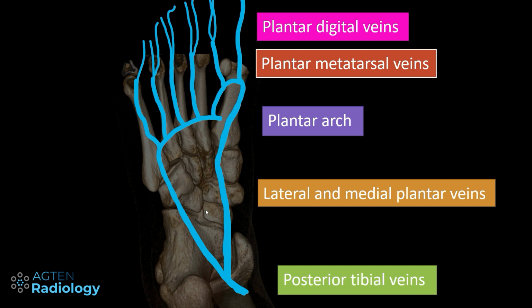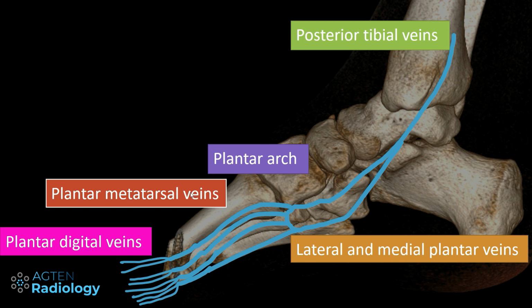Now, this is a view from below to the plantar aspect of the foot, but let's have a look at a side view, or a lateral view, like here. Again, we have the toes with the plantar digital veins draining into the plantar metatarsal veins, then draining into the plantar arch, which is about at the level of the Lisfranc joints, and then the plantar arch drains into the lateral and medial plantar veins, both draining into the posterior tibial veins.